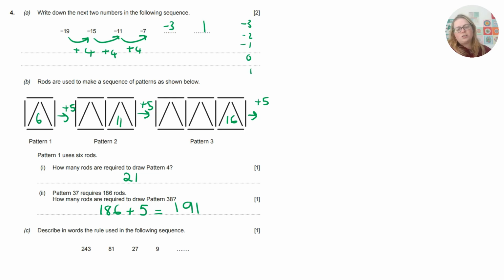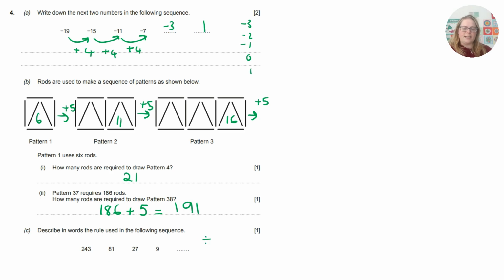The last one says describe the rule used in the following sequence: 243 to 81 to 27 to 9. Straight away, you should have realized that the pattern is not going to be the same, because from 27 to 9 is not taking away 100 odd like it was in the first part. So it's not taking away, it's not adding on, and it's not timesing because it's getting smaller. Well, it technically could be timesing, but we won't go into that part of it. It's actually dividing each time.